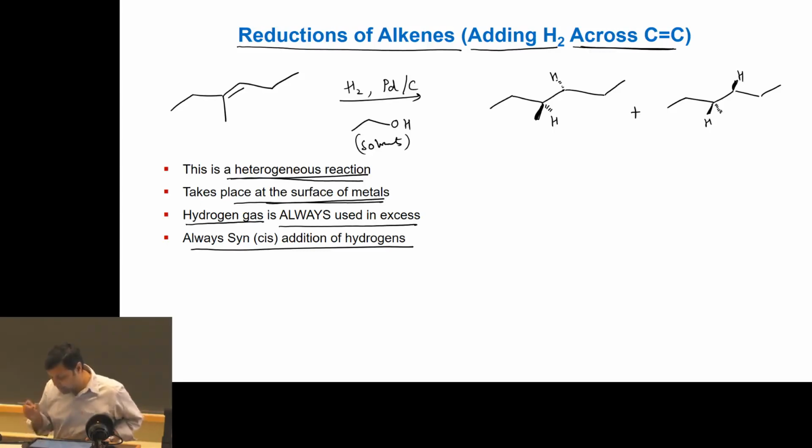The metal group is at the bottom. Now if you take a look in both these products, you have only one chiral center. That is the chiral center. And you're going to form 50-50 of both these compounds. You're going to form an equal mixture of enantiomers. Therefore this is a racemic mixture.